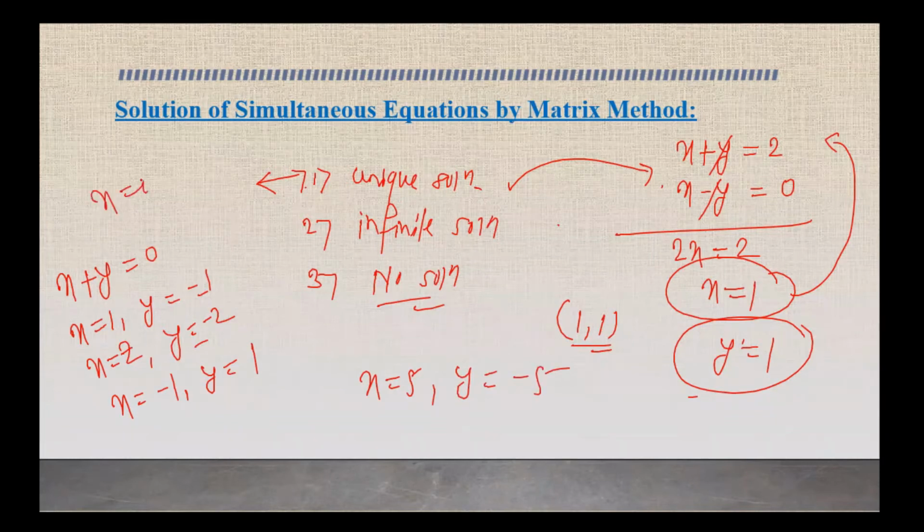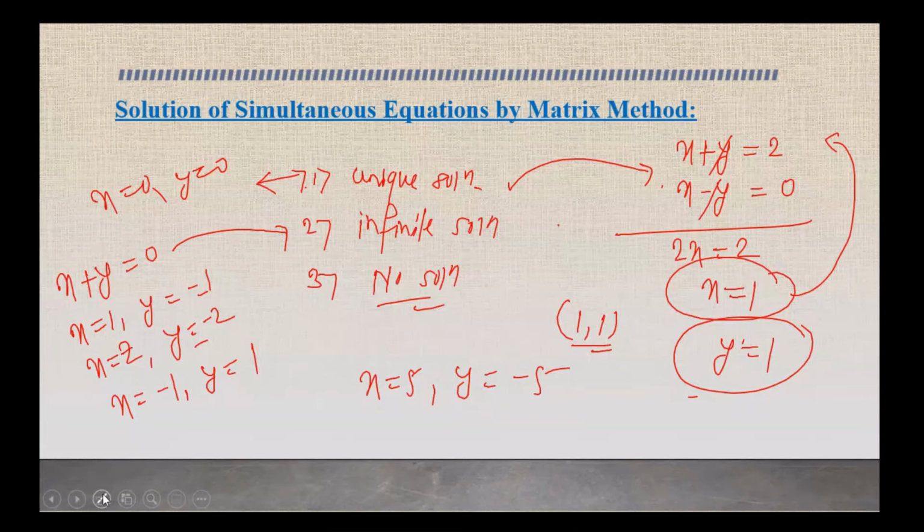Again x is equal to 0, y equal to 0. So there are infinite solutions. If you consider any value of x, we can obtain the value of y which satisfies this equation. So this equation has a number of solutions that is called infinite solutions. So this is the case where infinite solutions exist.